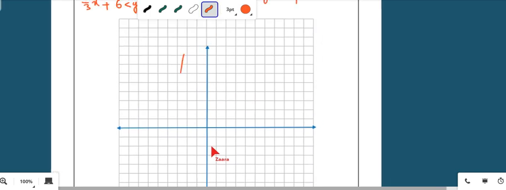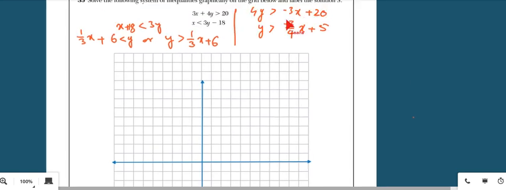So look at the first inequality. When I reduce that, I got y is greater than negative 3 by 4x plus 5.